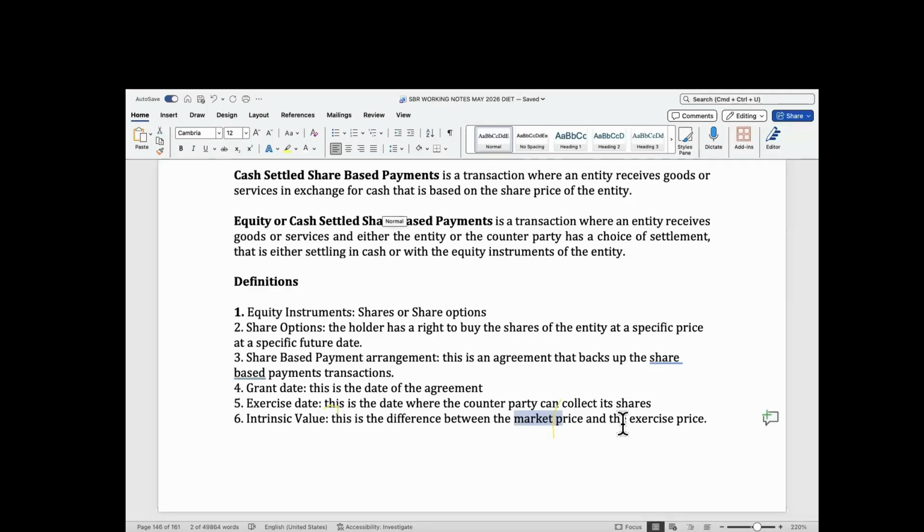So again, the exercise price is the price the person that is holding the option will pay to buy those shares at the exercise date. So it's just like I'm giving you shares in my company. You offered me a service and I said, okay, I'm giving you a share option.